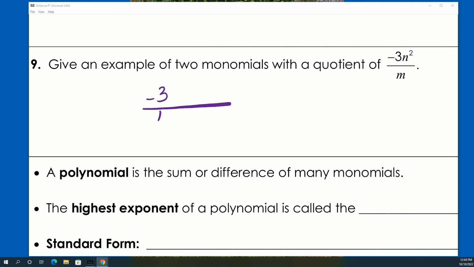All right, and then for n squared, we want to do n to some power divided by n to some other power that we end up with n squared on the top. So two powers that would subtract to give you 2. What do y'all think? What two numbers subtract to give you 2? Yeah, that works.